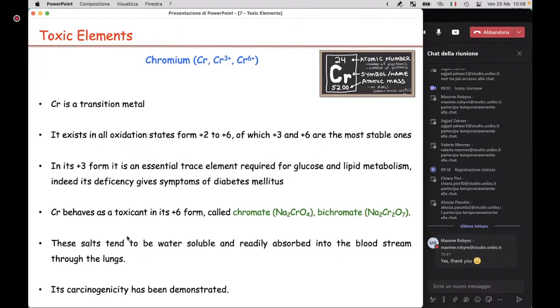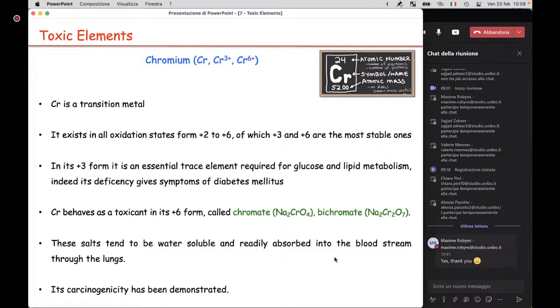Chromates and bichromates are water soluble, and so they can be transported very easily within water, and they can also be present in the air, and this happens quite frequently in city pollution. Chromium is a frequent pollutant due to the burning of gasoline and similar combustibles. And it is also a strong carcinogen.